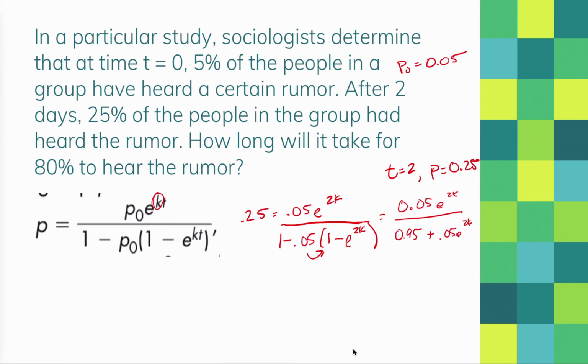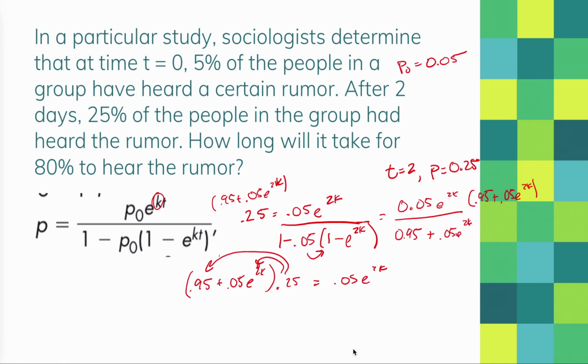So now I can multiply by this denominator, 0.95 plus 0.05 e to the 2k, and multiply that over here. So now I have 0.95 plus 0.05 e to the 2k times 0.25 equals 0.05 e to the 2k. Going to need to distribute this.